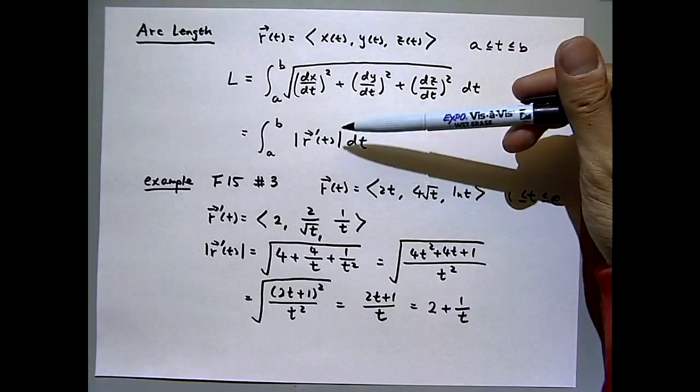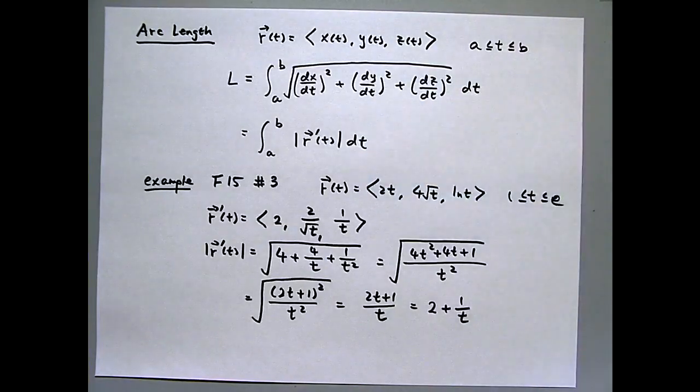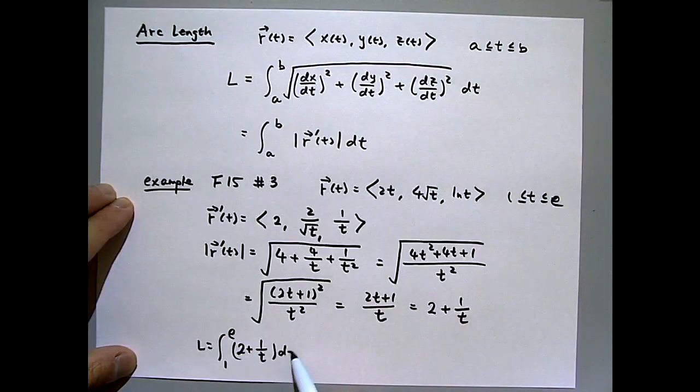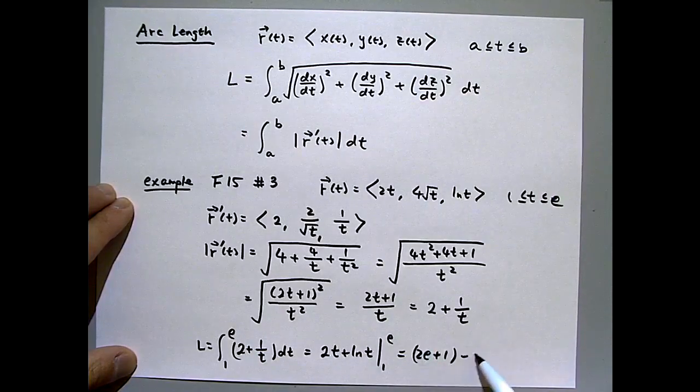And that goes into here to be integrated, and then you integrate from 1 to e. So the last step is just integration. 2t plus natural log of t from 1 to e: 2e plus 1 minus 2 plus 0, so this is what? 2e minus 1.